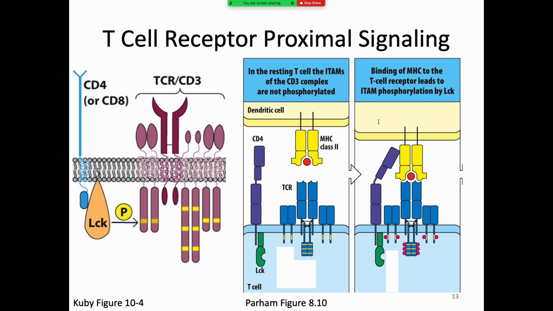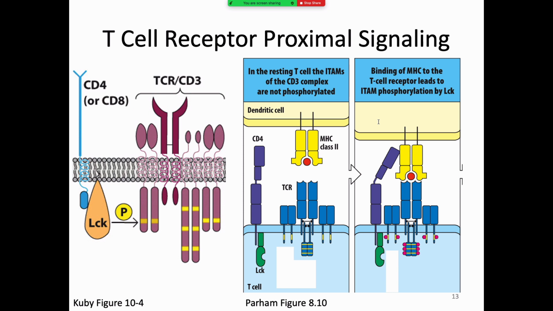And when MHC plus peptide comes around, it will bind to the T cell receptor, and it will also bind to CD4 or CD8, which bind to kind of the back part of the MHC molecules. And that will make our CD4 get close to the T cell receptor. So this is supposed to show them far from each other in the middle. This is supposed to show them close, or closer.